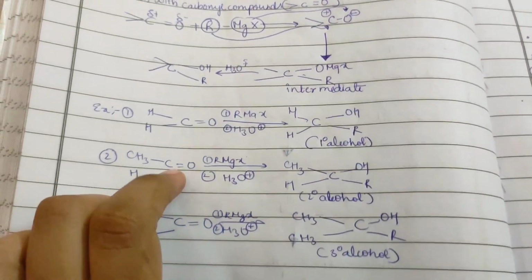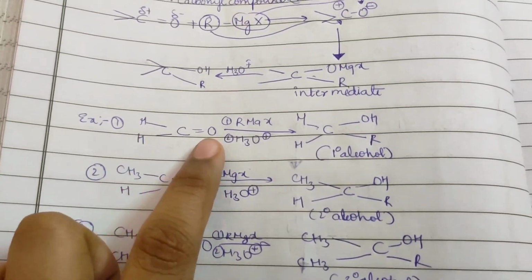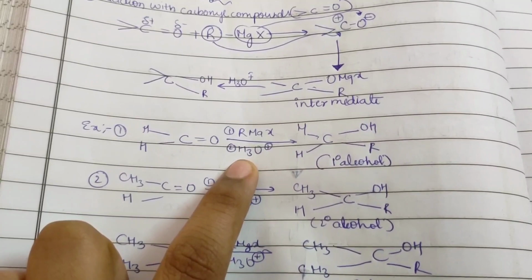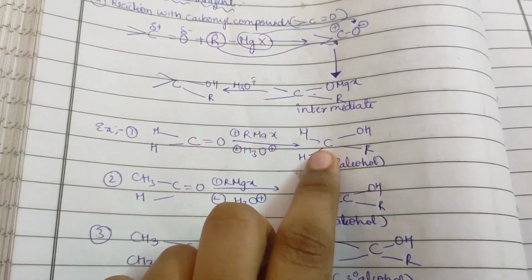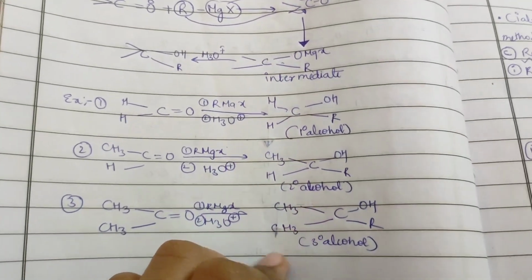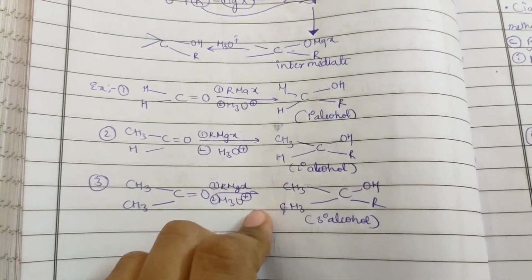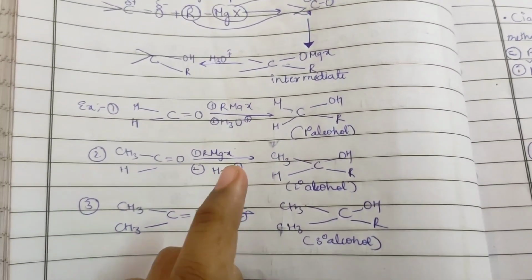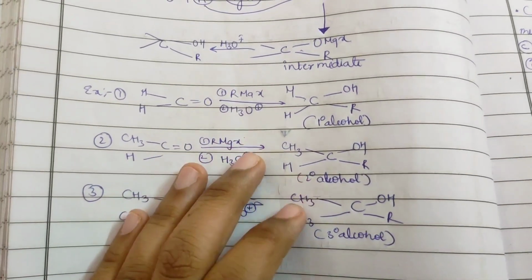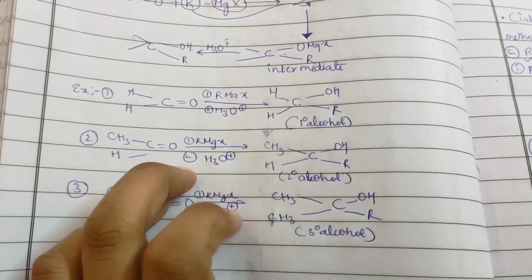For example, first example, HCHO with RMgX and H3O plus is added, then we will get RCH2OH, which is a primary alcohol. Here you can see secondary, then tertiary alcohol also can be obtained. So from reaction with carbonyl compounds, we can obtain primary, secondary and tertiary alcohols, as you can see.